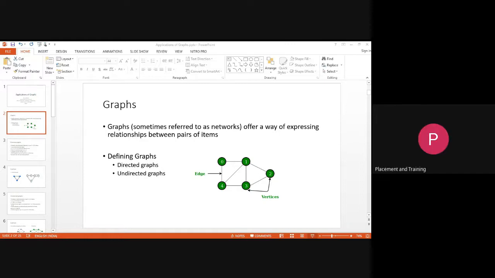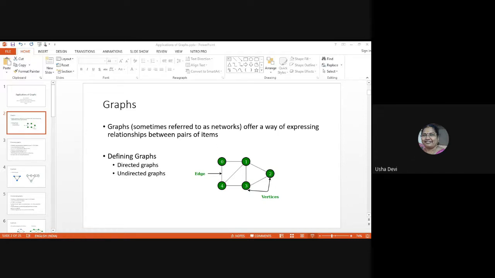Okay. So 0 is the first vertex, 1 is the second one, 2 is the next vertex, 3 is another vertex, and then 4. So totally we have 5 vertices, and these 5 vertices can be connected in some fashion, depending on how you want to communicate, from where to where you want to pass the information.